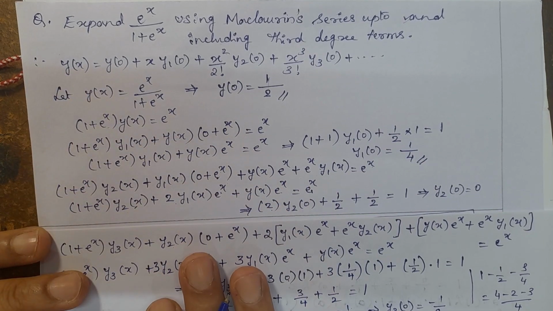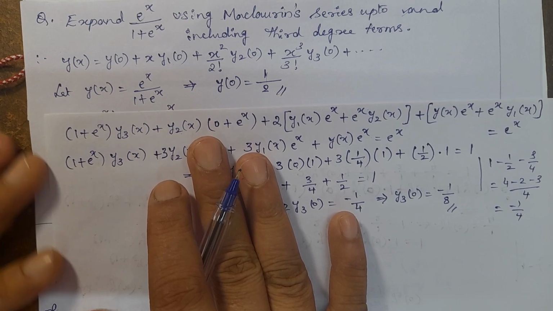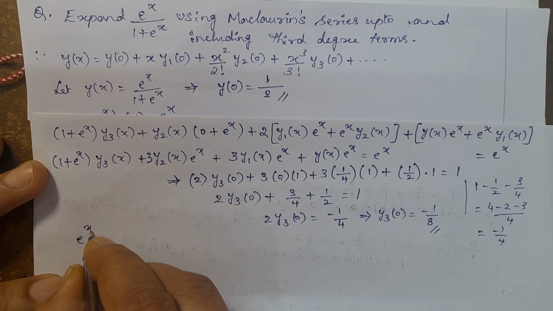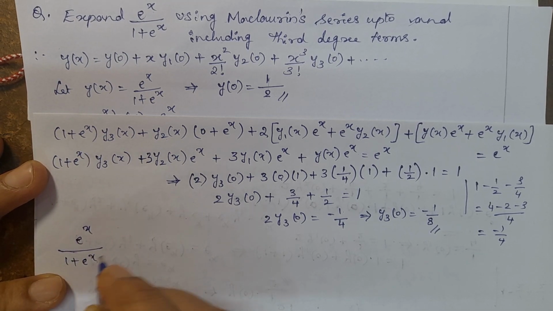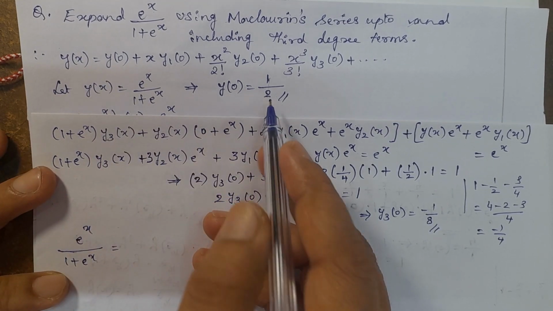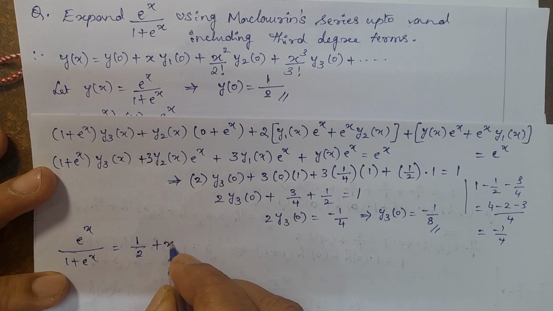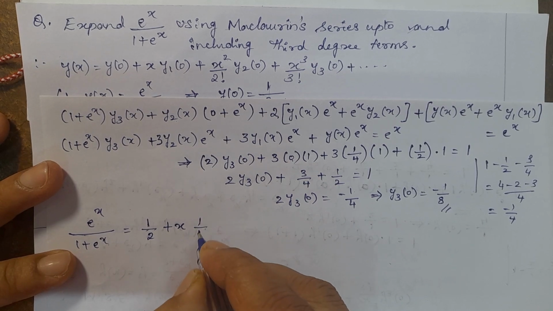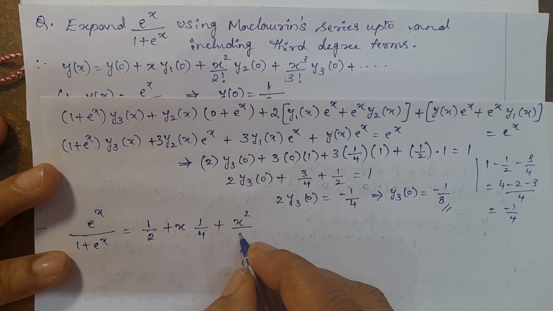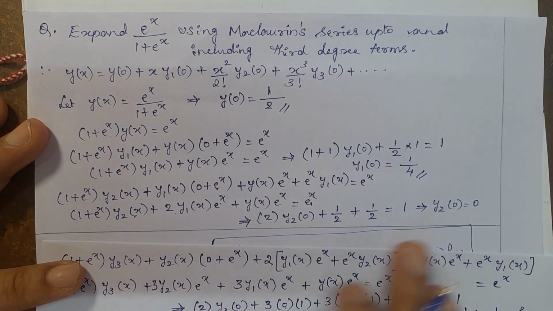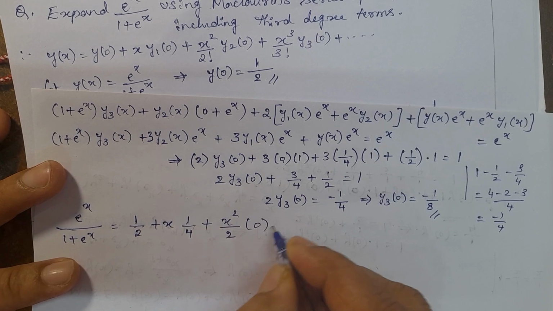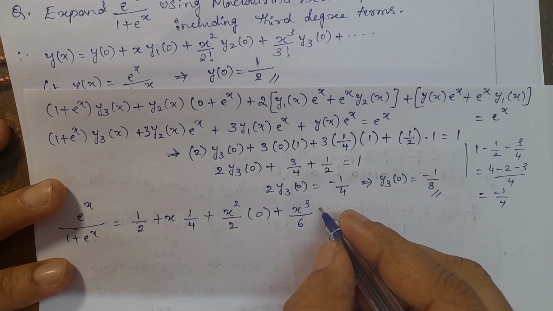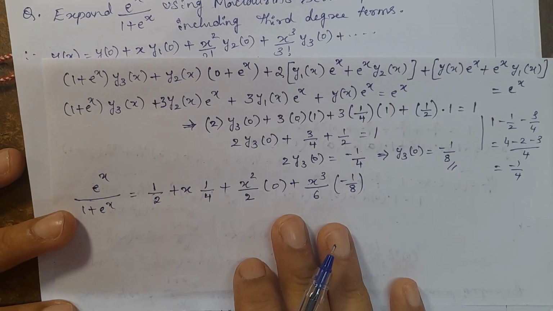So y of x is e power of x divided by 1 plus e power of x equal to y of 0. y of 0 is 1 by 2, 1 by 2 plus x into y1 of 0. y1 of 0 is 1 by 4, 1 by 4 plus x square divided by 2 factorial is 2, y2 of 0. y2 of 0 is 0, plus x cube divided by 3 factorial is 6, y3 of 0 is minus 1 by 8.